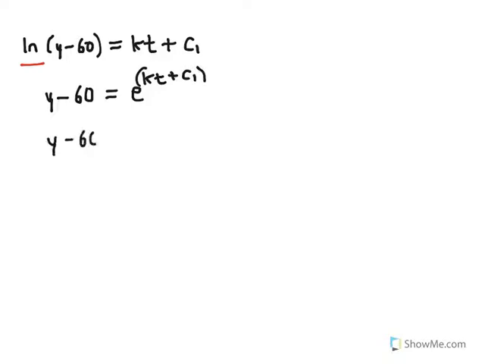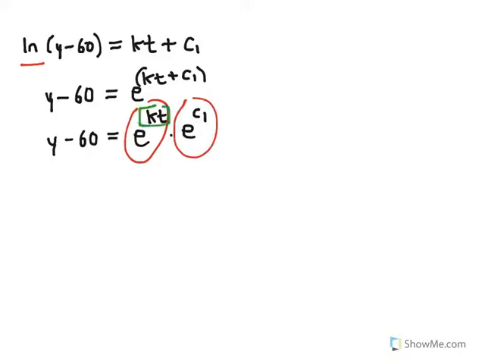So y minus 60 is equal to e to the kt plus c sub 1. Using a property of exponents, you can write that as e to the kt times e to the c sub 1. What you have is a product of two powers with the same base, and when you have that, you can add the exponents, and of course that will give you what we had in the previous line.